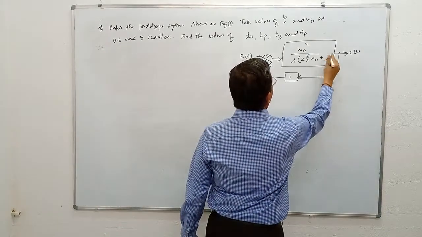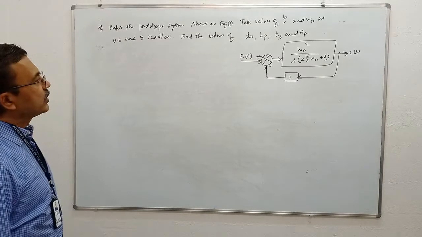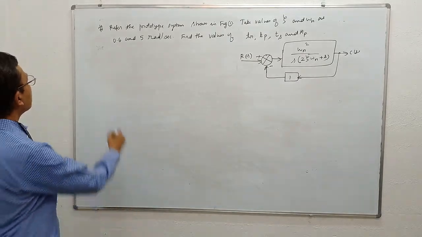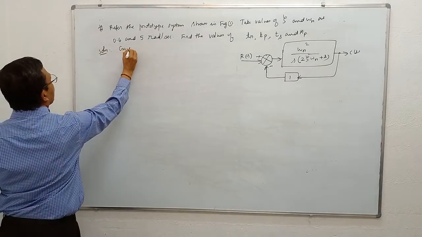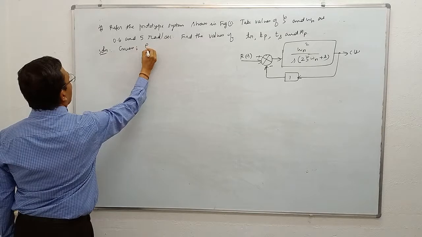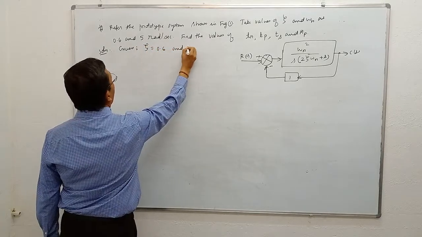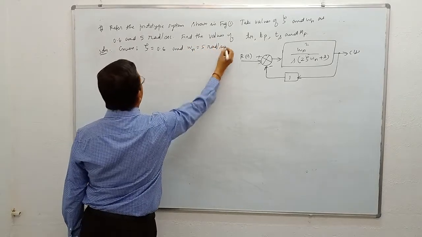This is the unity feedback system. We have been given the solution: zeta equals 0.6 and omega n is equal to 5 radians per second.